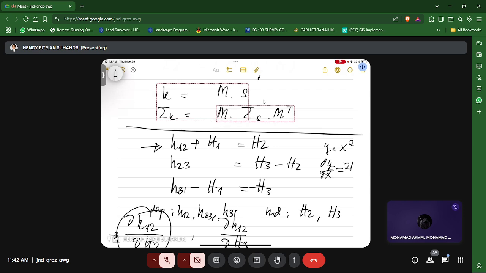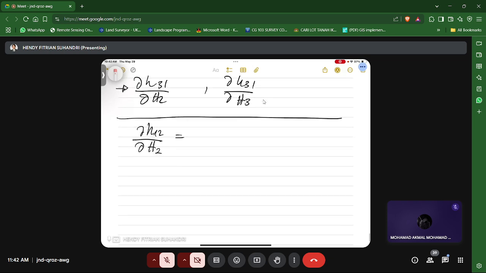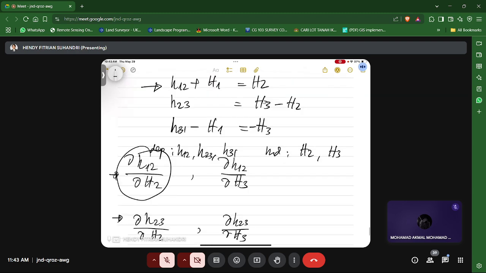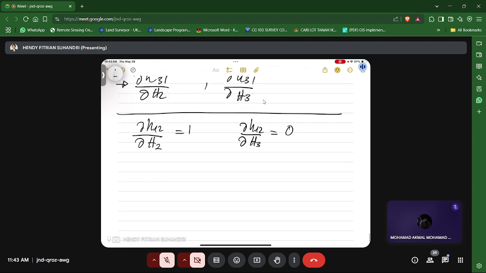Kalau X square baru 2X turunan dia. So, derivatif daripada fungsi H12 terhadap H2 adalah 1. Faham tak? Okay. Kemudian, untuk do H12 diturunkan terhadap do H3, pada persamaan H12 tak ada H3. So, kita katakan 0.